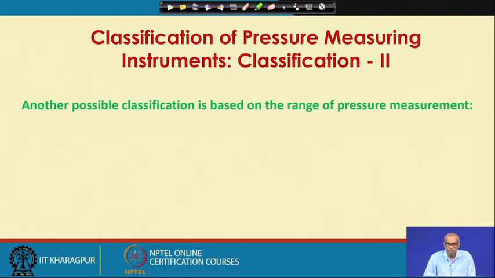Another possible classification is based on the range of pressure measurement. Whether I am measuring high pressures, low pressures or moderate pressures, based on that it is possible to classify various instruments.